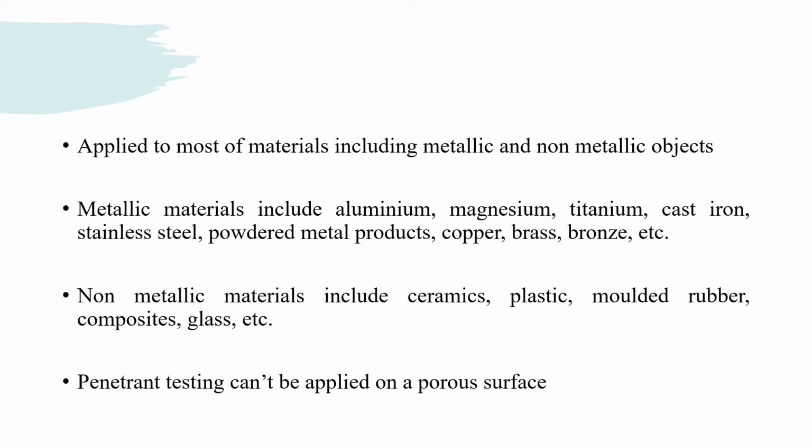Basically, metallic materials such as aluminium, magnesium, titanium, cast iron, stainless steel, powdered metal products, copper, brass, bronze, etc. So any kind of metallic material can be tested by this method. And besides metallic materials, non-metallic materials such as ceramics, plastics, molded rubber, composites, glass, etc. So besides metallic materials, non-metallic materials can also be checked for quality.